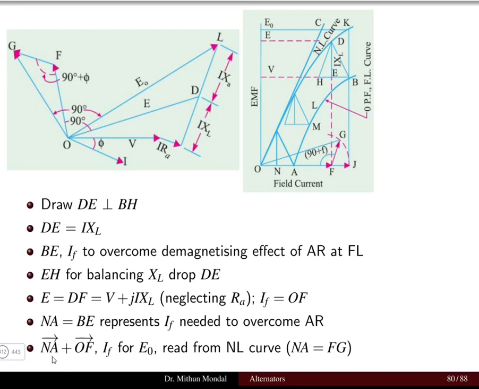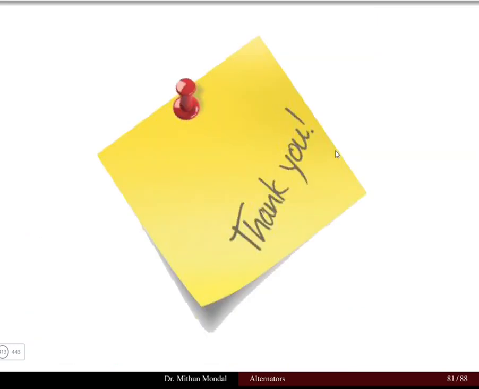Then the sum of the vector NA plus OF, where O is here and F is here, gives you the field current for E0, read from the no load curve, where NA is equal to FG, similar to what we have seen in the MMF method. So we can obtain the no load voltage using the Potier method.